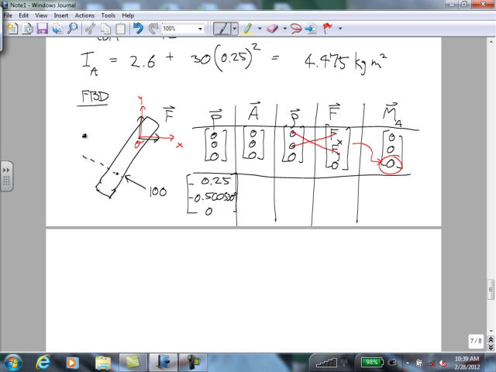And so 0.5 times the sine of 30 is 0.25. 0.5 times the cosine of 30 is 0.433.